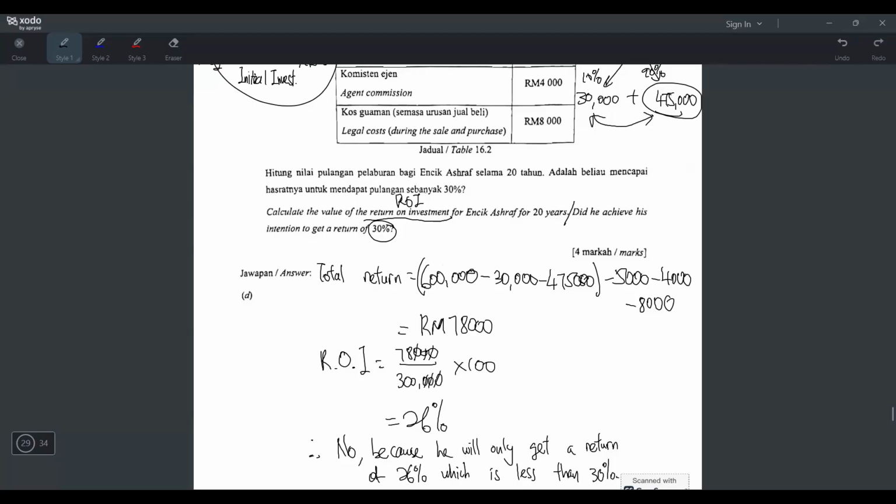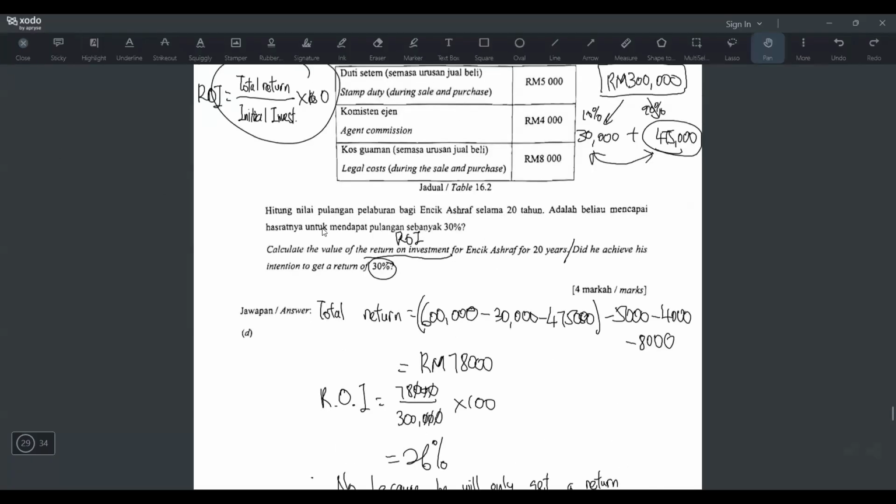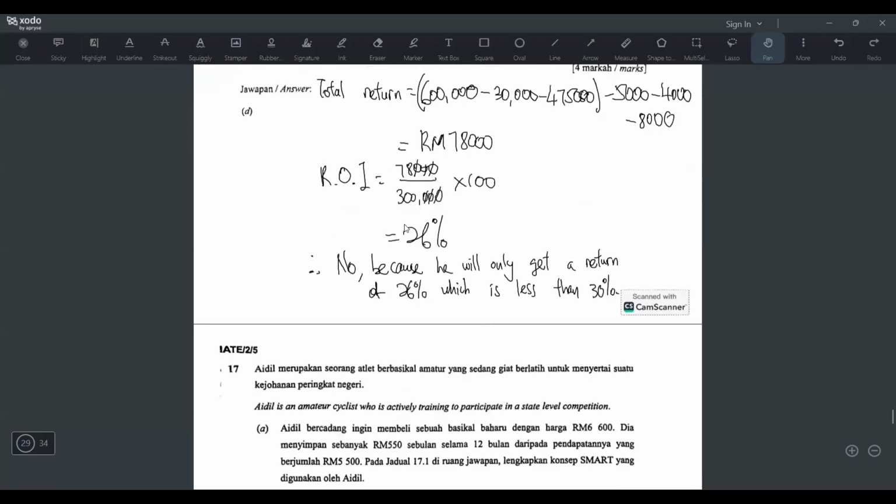Yeah, I think this is good enough, right? And I already showed the working here, right? So this is how I would do it. Hope you understand.